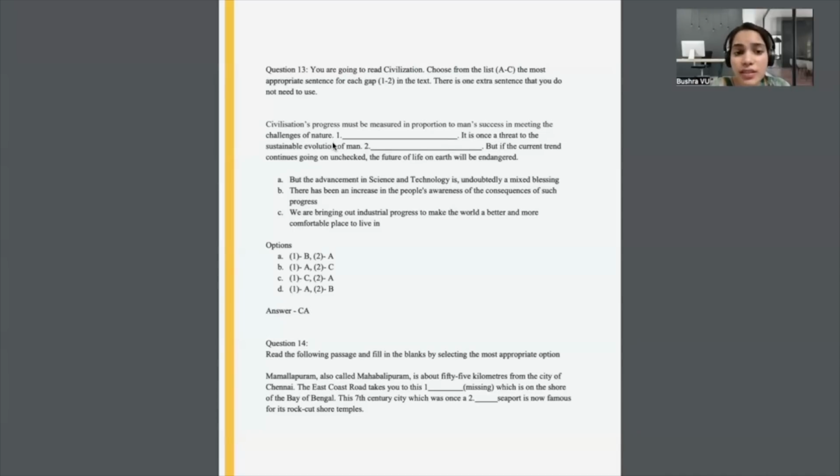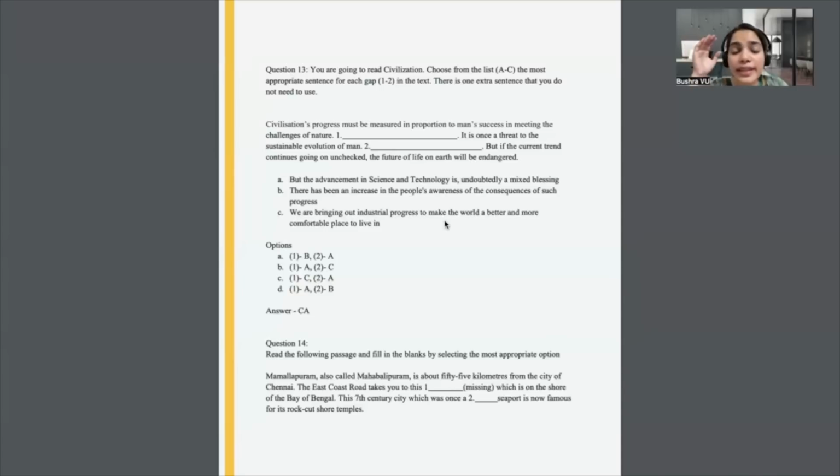So the first sentence, civilization's progress must be measured in proportion to man's success in meeting the challenges of nature. It is talking about civilization and the progress. So among the 3 sentences, the one which has a close correlation is this one: we are bringing industrial progress to make the world better, because the first one is talking about progress. Now, if you look at sentence C, it is also talking about progress.